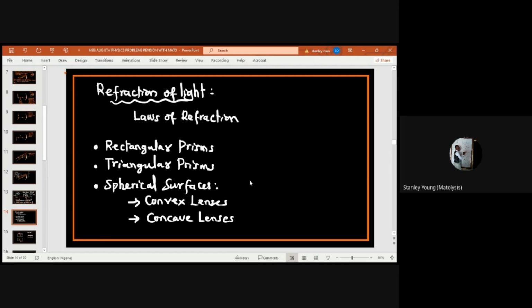Then we have the laws of refraction. Okay. I will use the next page to explain. But for refraction to be well studied, we make use of rectangular prisms, triangular prisms, and we make use of curved surfaces. And the curved surfaces are concave lenses and convex lenses.